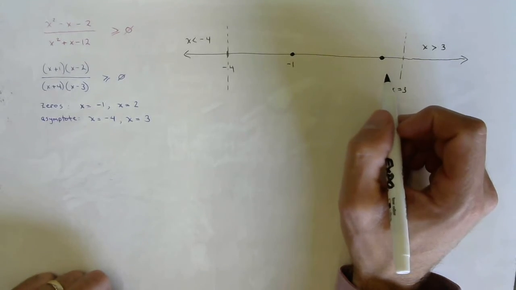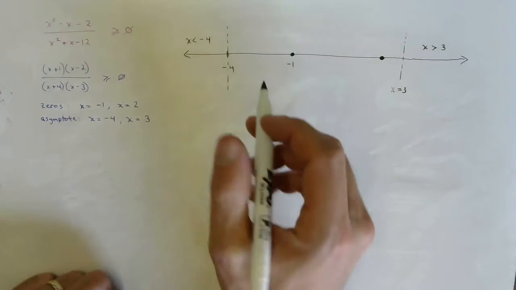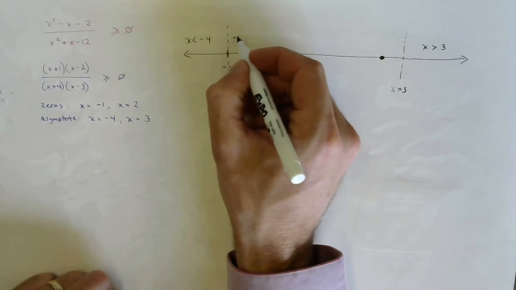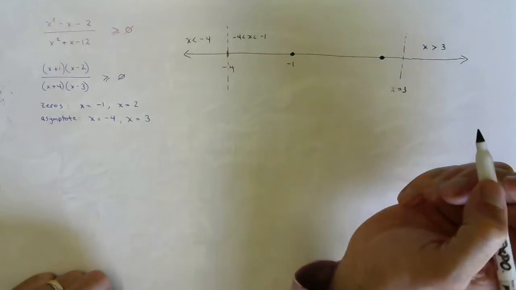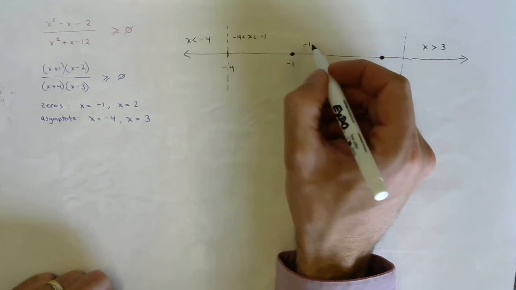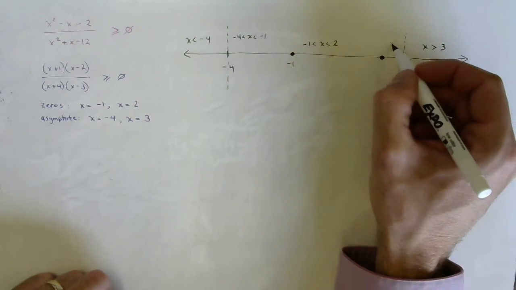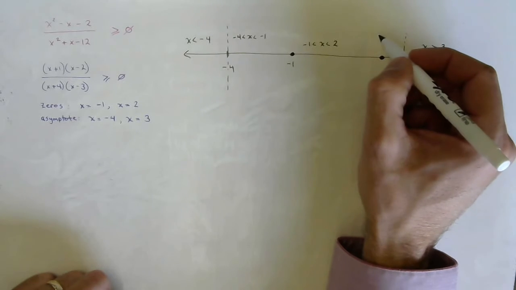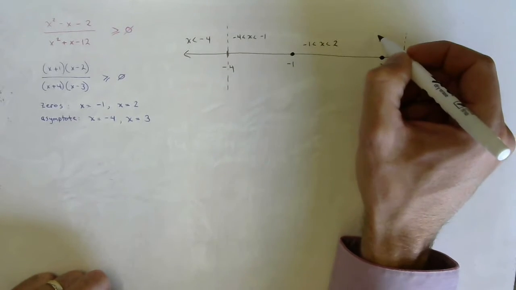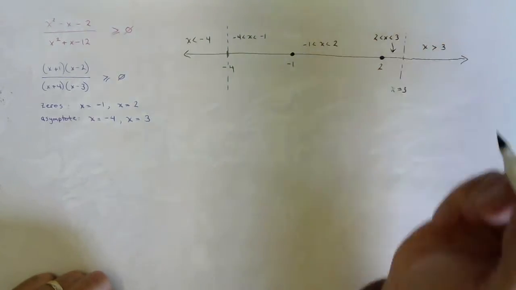And so this middle section has 3 different intervals. We have an interval from -4 to -1, an interval from -1 to +2, and an interval from +2 to +3.